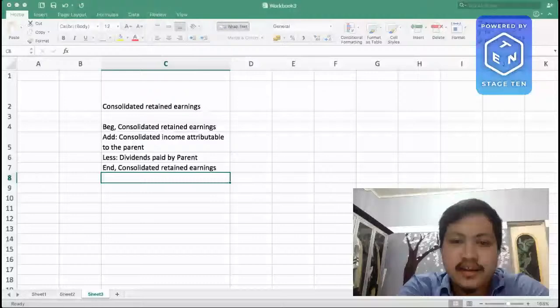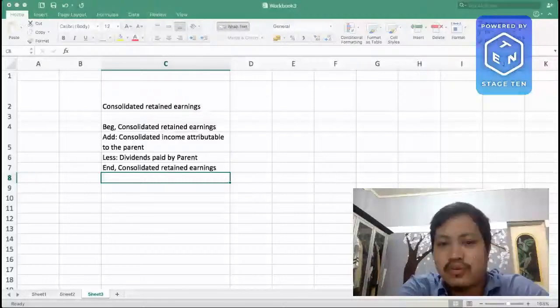If you recall, when preparing the consolidated balance sheet for a stock acquisition, you will have another line item in your equity section.